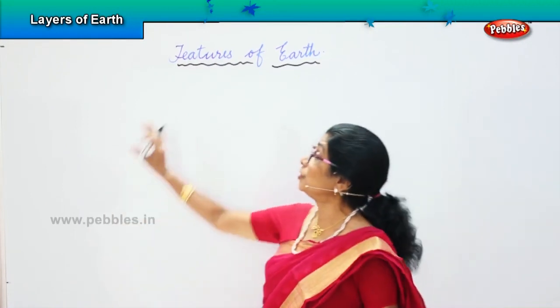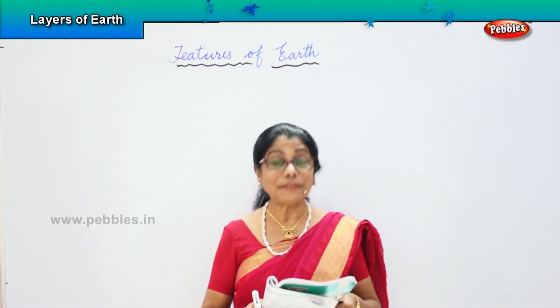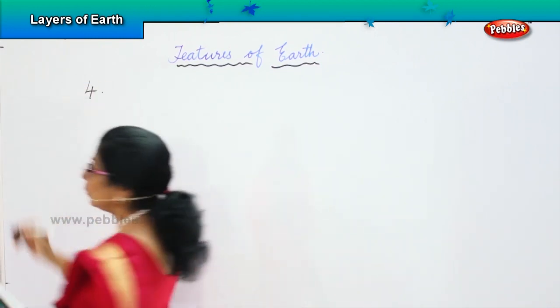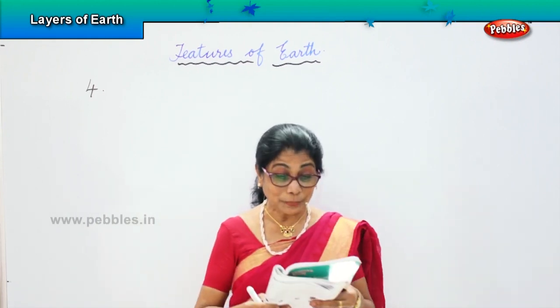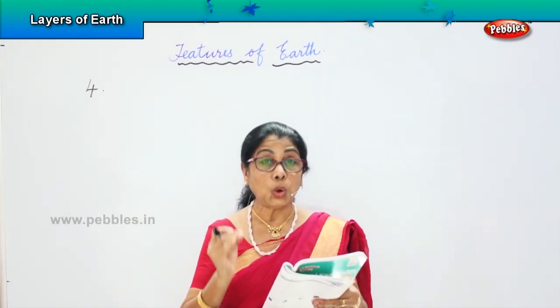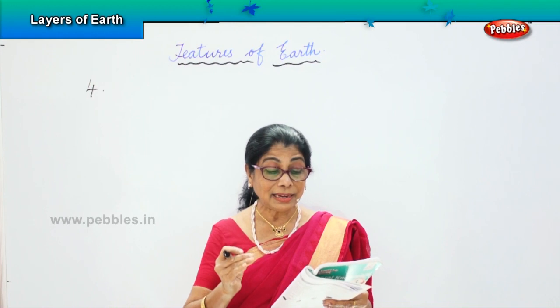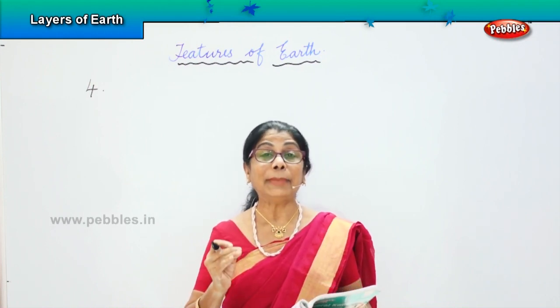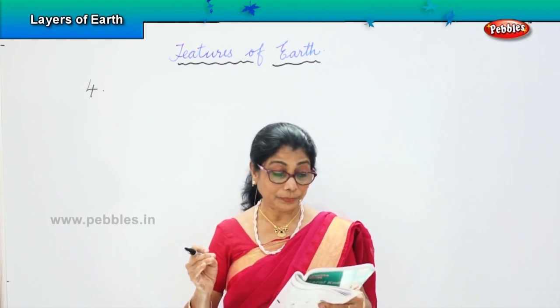Our fourth feature of our beautiful earth we are looking at. What is it? The fourth point that we are looking at in the features of the earth is that the earth has a molten inner core made of iron and other metals like nickel.